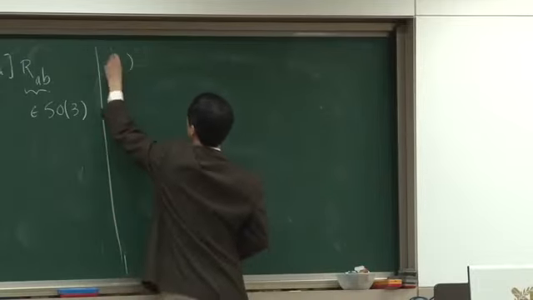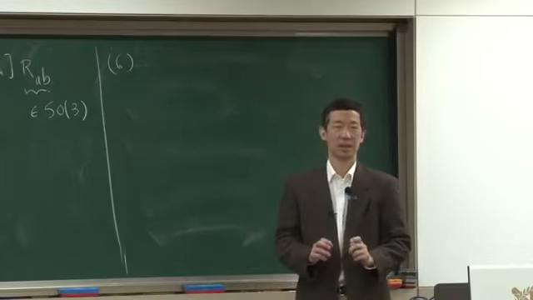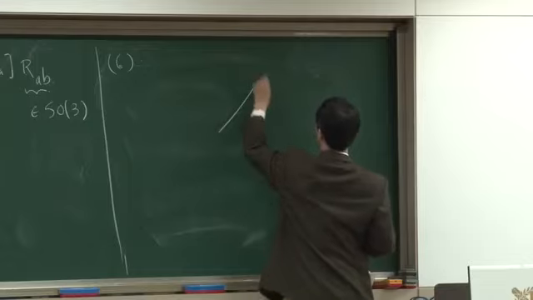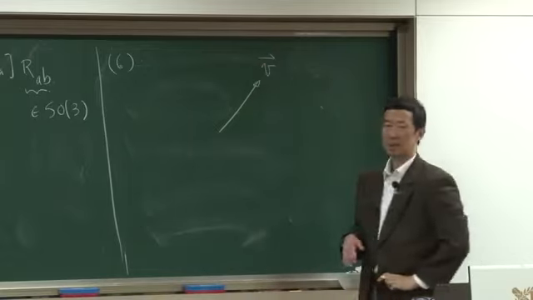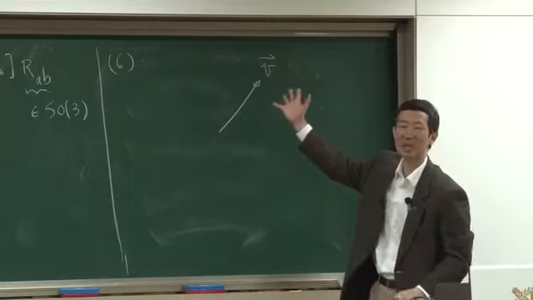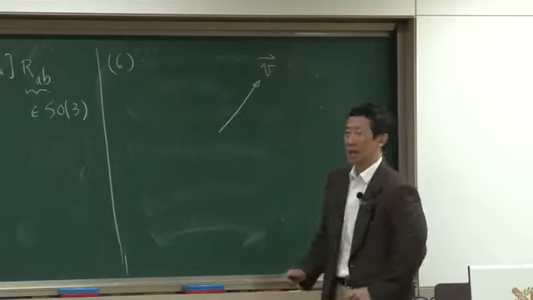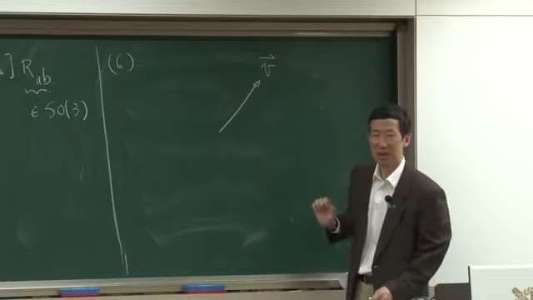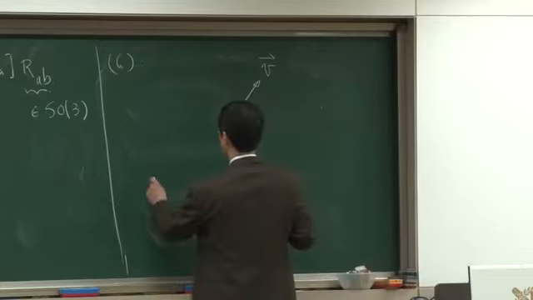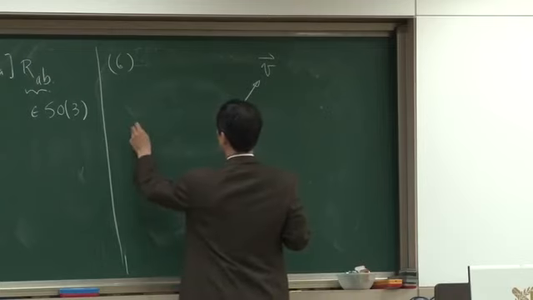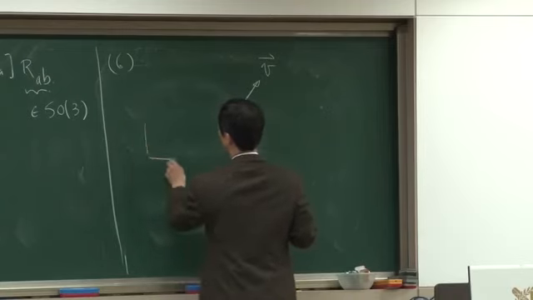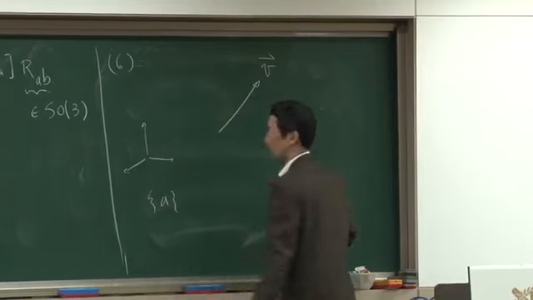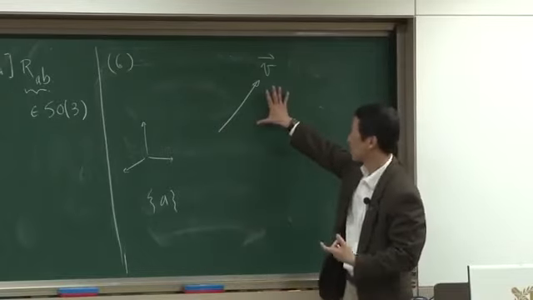Here's another property. This time let me just draw a vector in space. Call it V. So I have some vector floating in space, and I want to use coordinates to represent this vector. Let's say there's a reference frame here, frame A. I want to describe this vector in frame A coordinates.